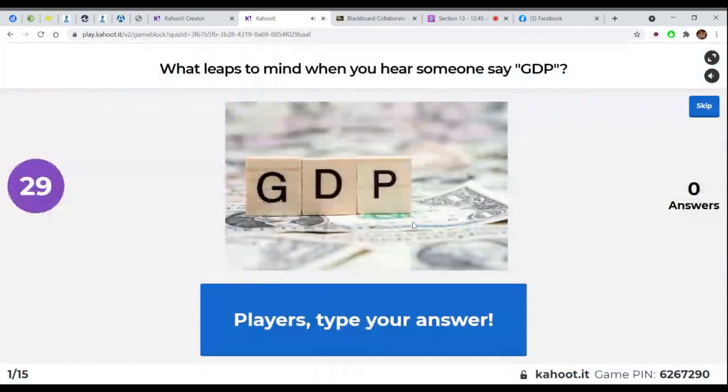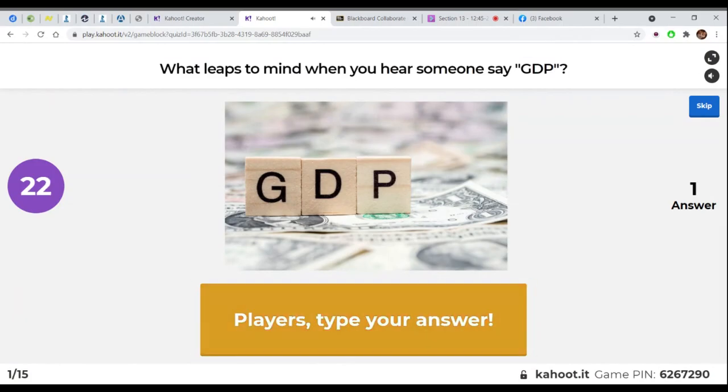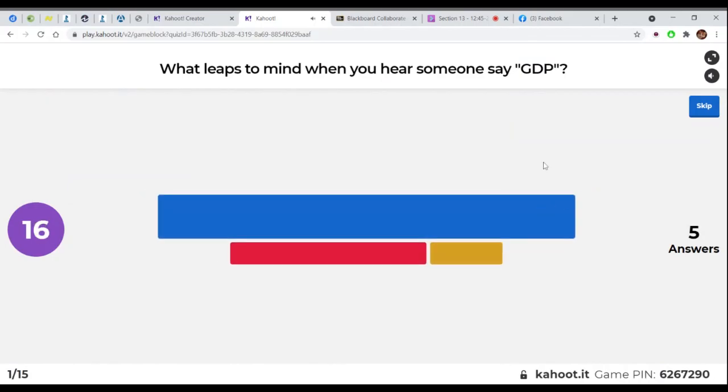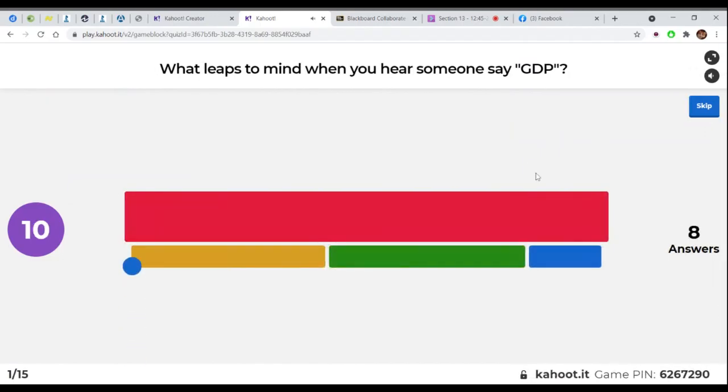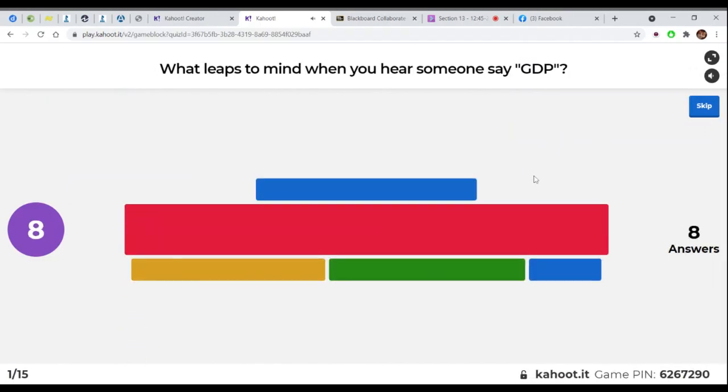What leaps to mind when you hear someone say GDP? I'm just trying out this new type of question. There are no points for this one. This is just a poll.